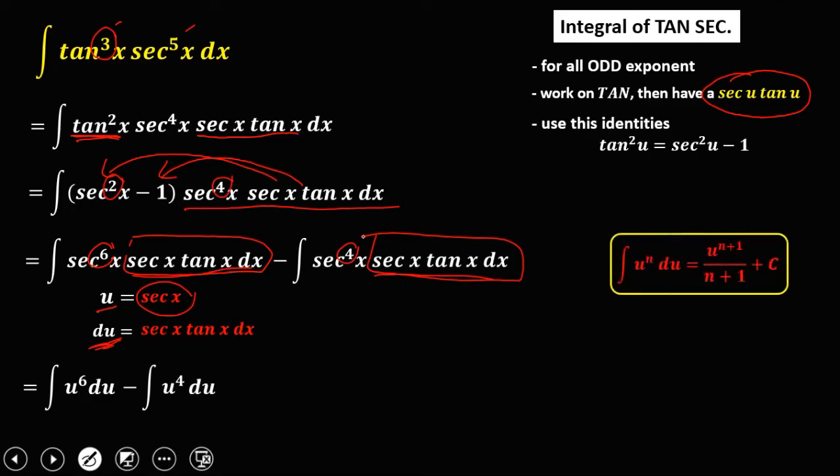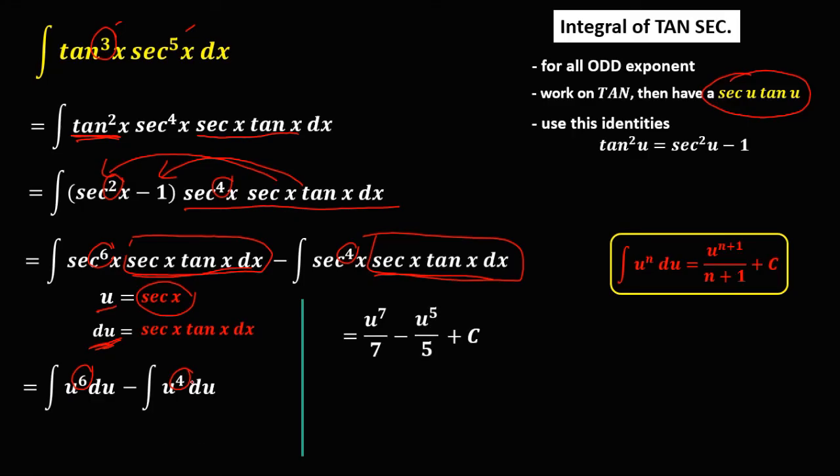Then using this formula, plus 1 for the exponent, so this u to the power 6 becomes u to the power 7 over 7. Then minus this u to the power 4 becomes u to the power 5 over 5, then plus c.